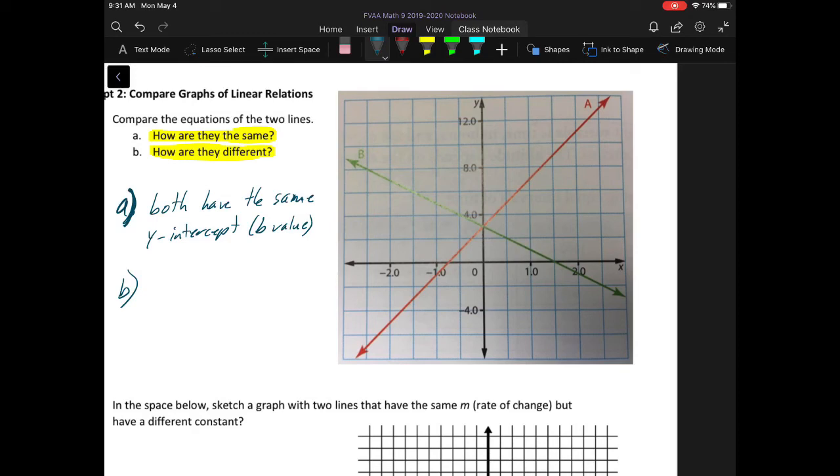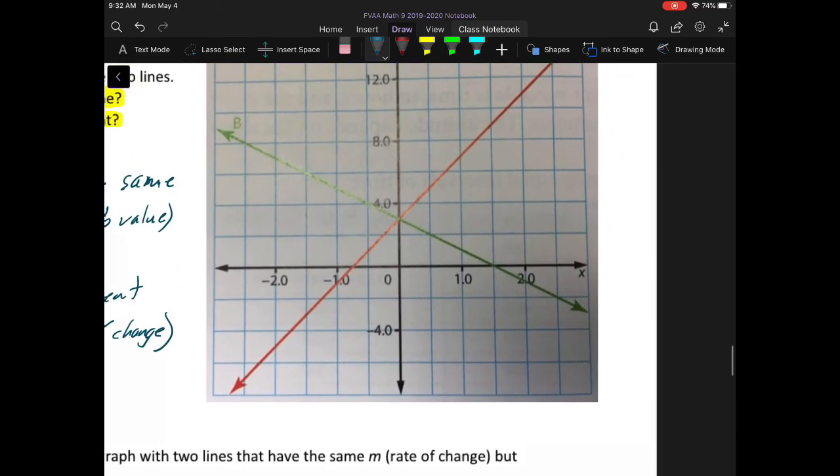So they have different slopes, or steepness of the line, or different rates of change. For the green line, as your independent variable x changes, the y values decrease.